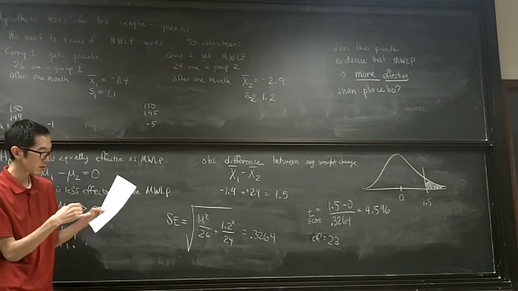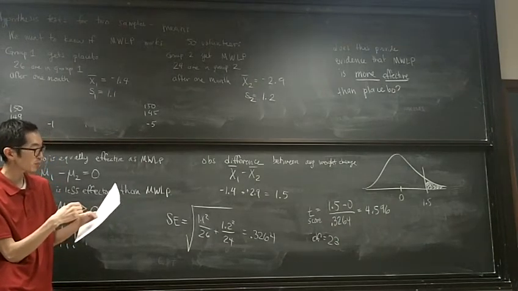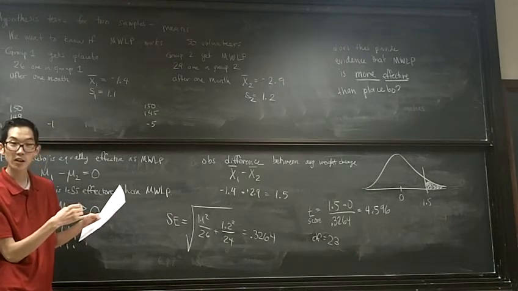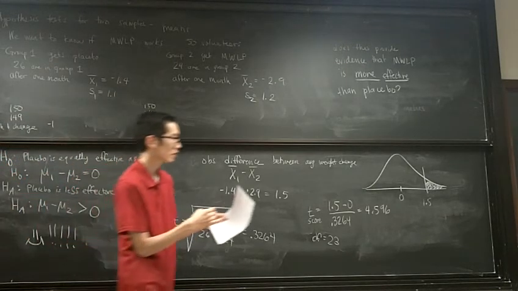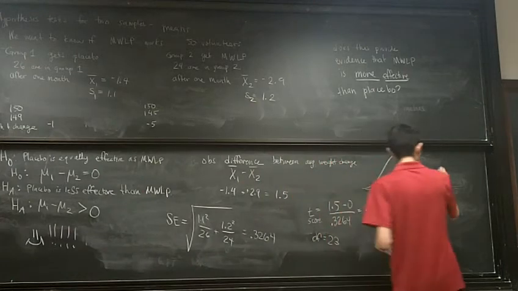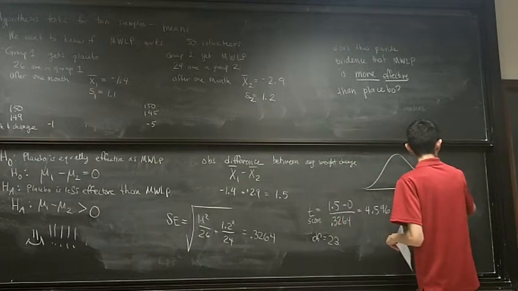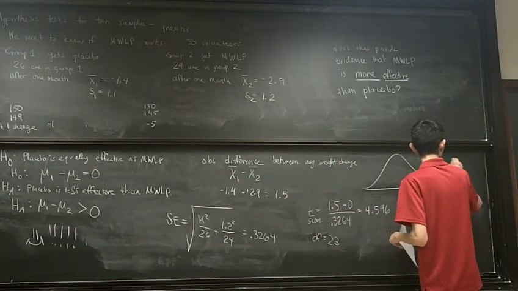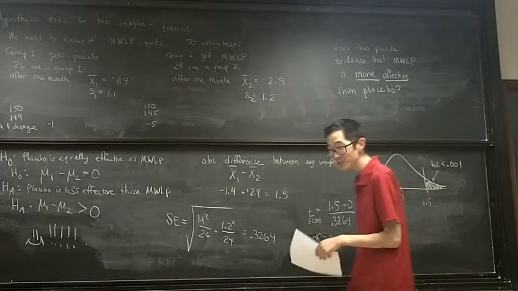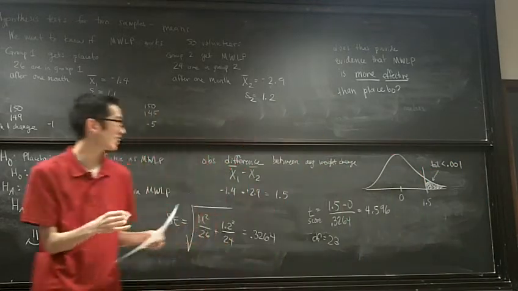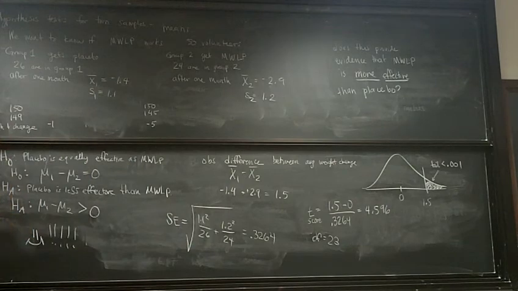My number is 4.596. So what's my tail area? My tail area is less than 0.001. Okay? Is that all right? And that's my p-value.